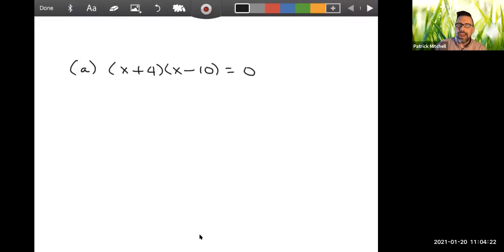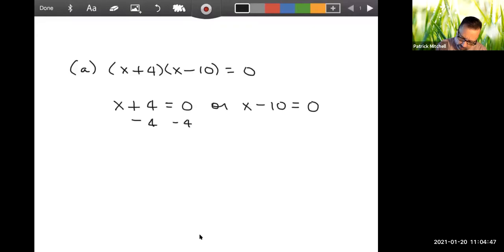Okay. All right, so according to the zero factor theorem, whenever something times something equals 0, that means that one of the mystery somethings is 0. So either x plus 4 is 0 or x minus 10 is 0. All right, and of course, if x plus 4 is 0, that means that x is negative 4.